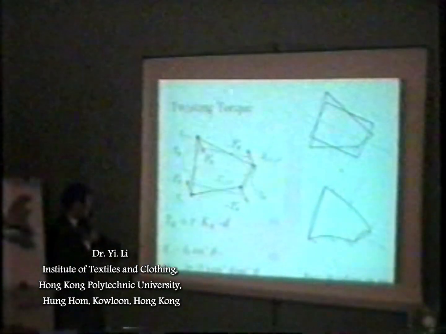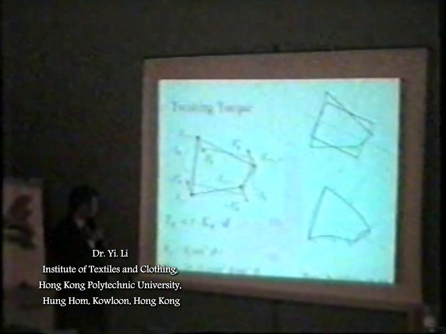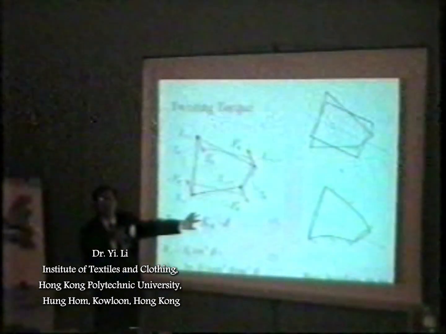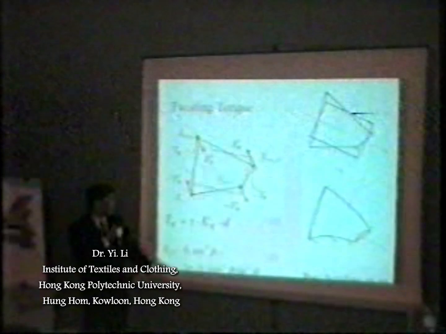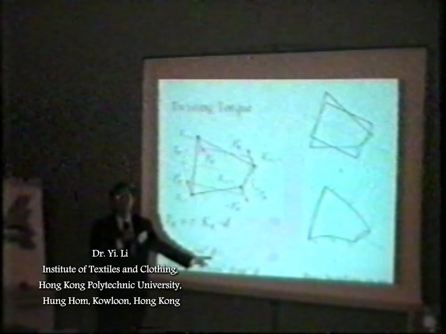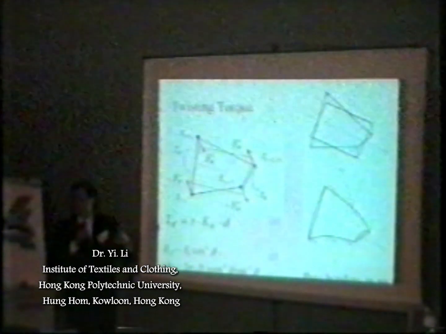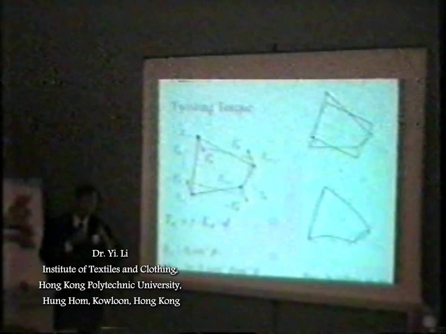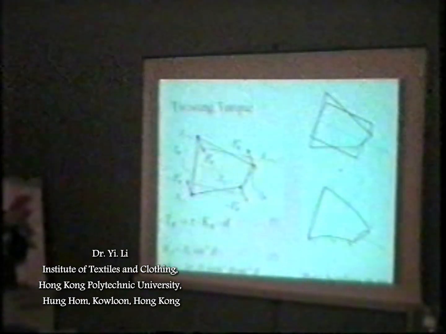And for the torque twisting rigidity, we do not have the measurements. However, they can be derived from the relationships of the bending rigidity of the warp direction, as well as other directions.